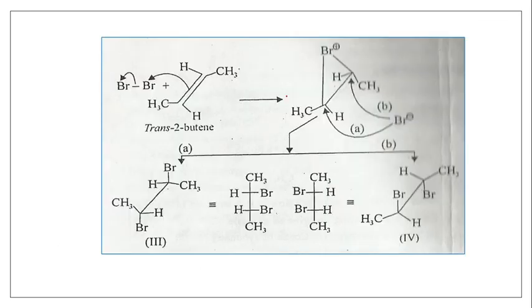Now the exact mechanism is shown over here. See, this is the trans molecule. Bromine forms a cyclic bromonium ion, and when Br attacks from this side, this is the product form which can be written. Br has attacked from here, so it is over here now, and this Br is over here. Now this can be written in Sawhorse projection formula like this. This is the first carbon atom.